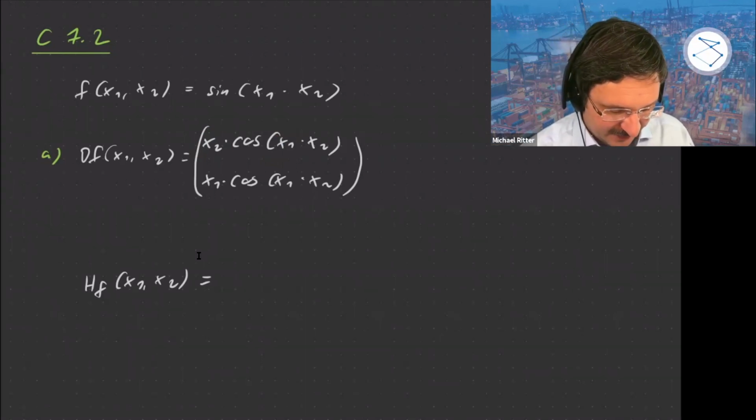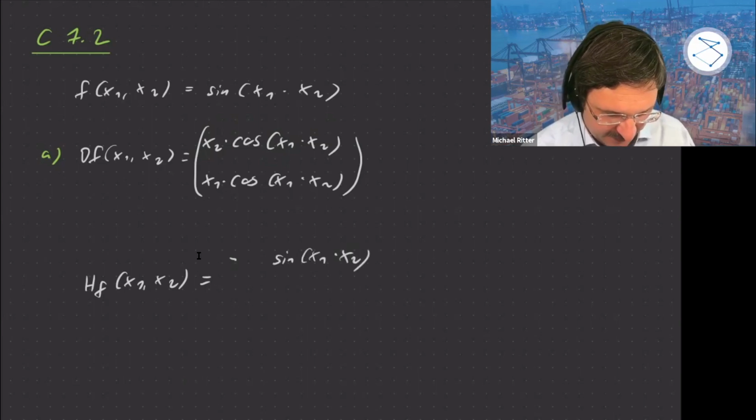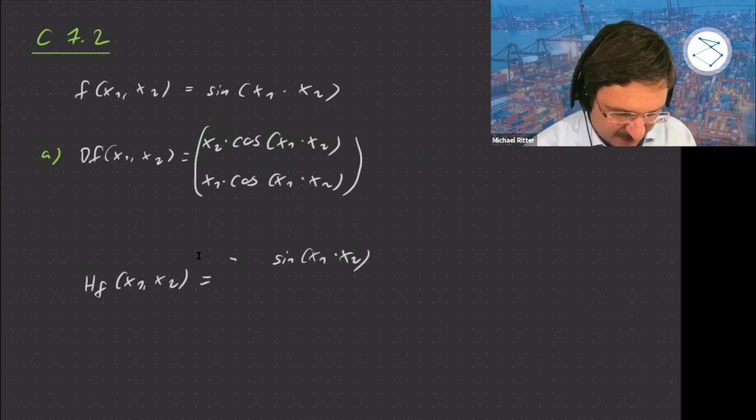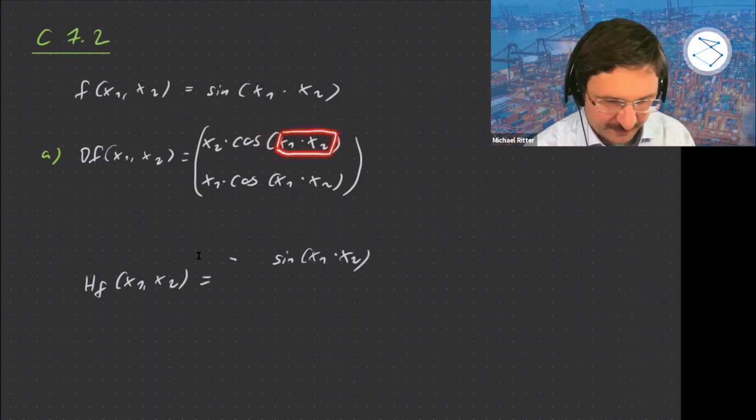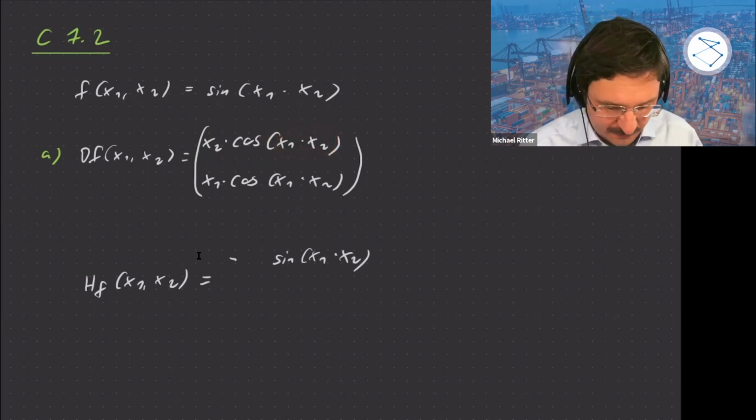So we get something like minus sine of x1 times x2. Then we multiply by the derivative of the inner function, x1 times x2. Again, that's x2.